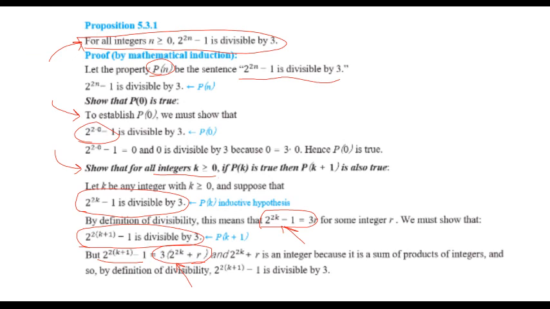And since 2 to the power 2k plus r is an integer, then we can say that the number 2 to the power 2k plus 1 minus 1 is also divisible by 3, and basically at this point we are done with the proof of the inductive step. And since we have done the proof of both the inductive step and the first step, we are done with the proof of the whole proposition using mathematical induction.